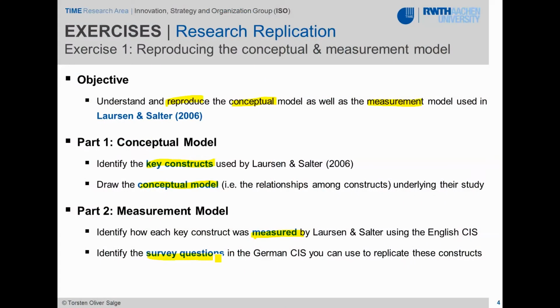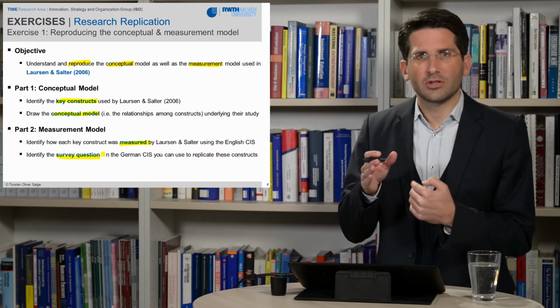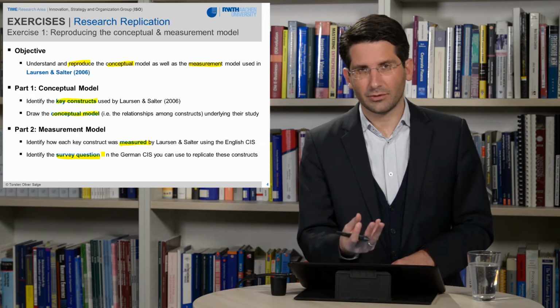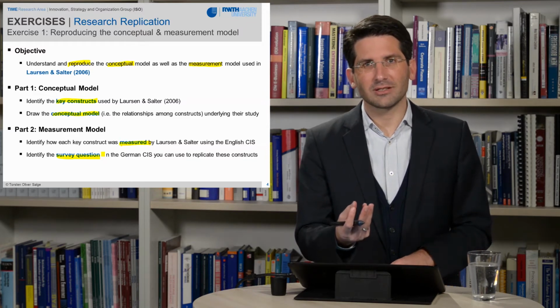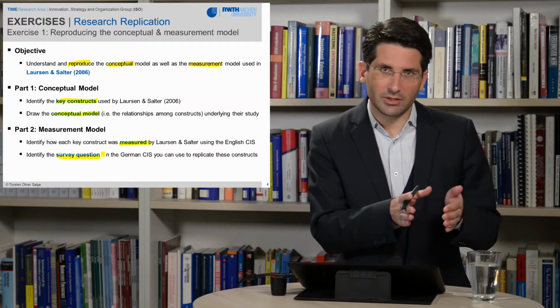So this is really what you should do as part of exercise 1. Develop the conceptual model as used in Lawson and Salter and describe the measurement model. And once you've done that, you've been able to replicate key parts of one of the most successful innovation studies using community innovation data. So reproduction is the first step.